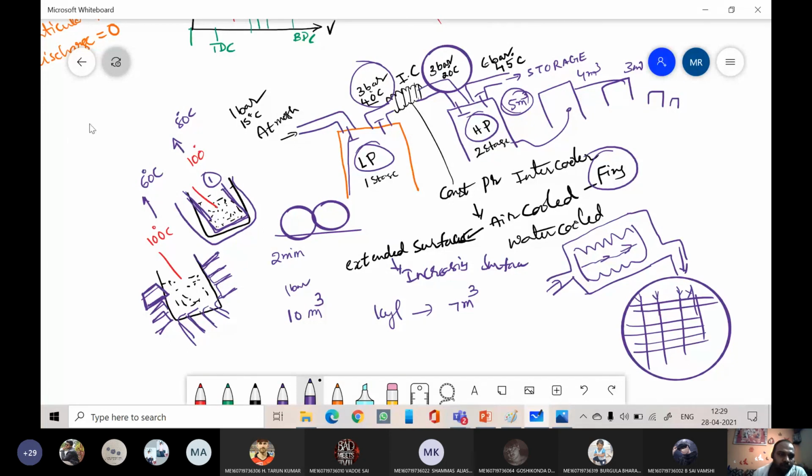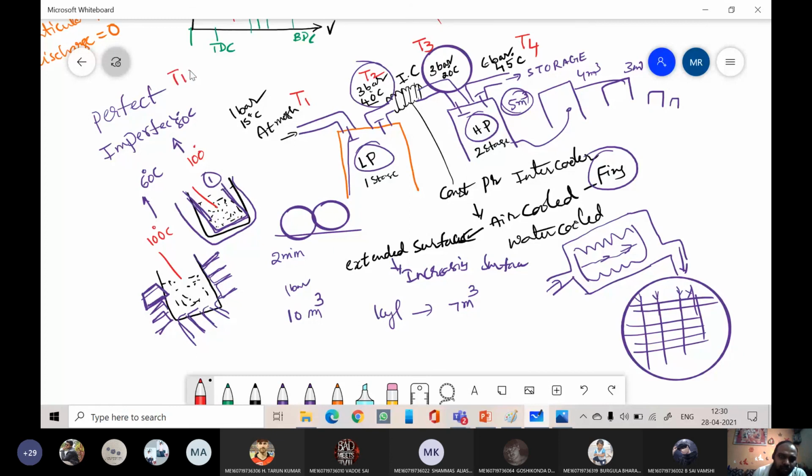Here one more thing: perfect intercooling and imperfect intercooling. Let us take the temperature of air entering the first stage as T1 and the temperature leaving the first stage as T2. The temperature leaving the intercooler is T3 and the temperature entering the tank is T4.